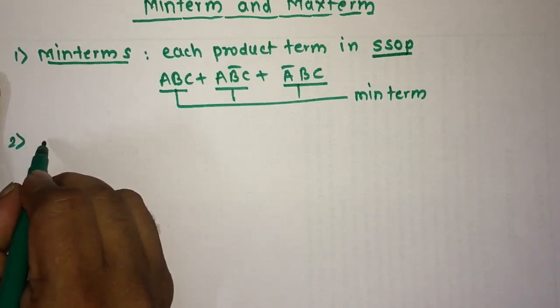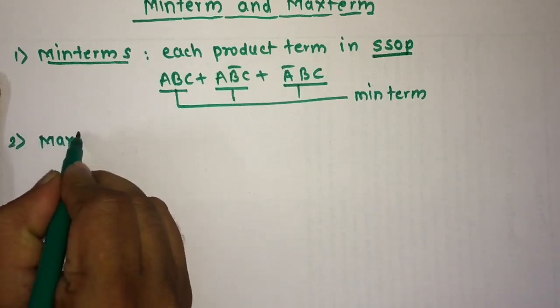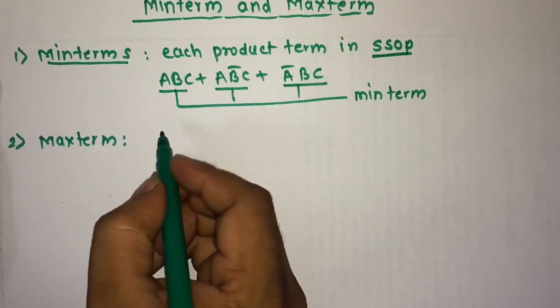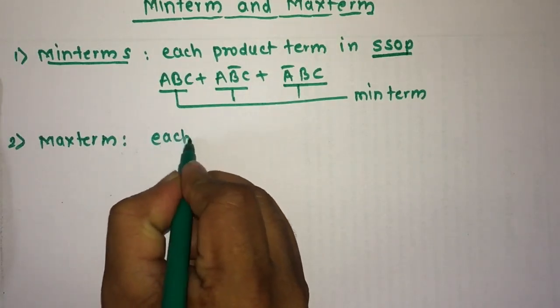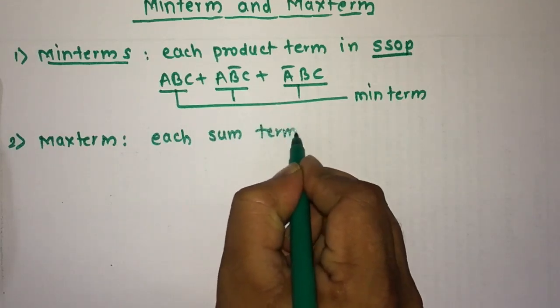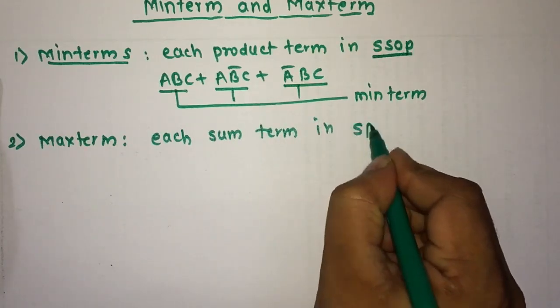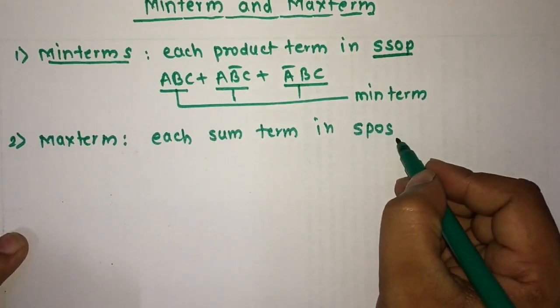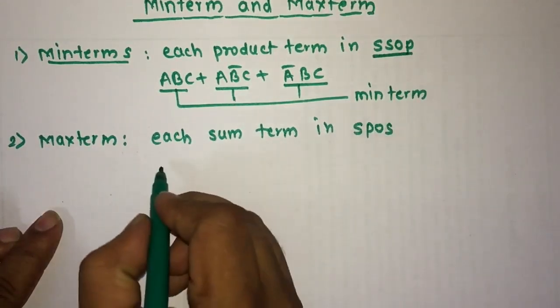And the second type is the maxterm. Now what is a maxterm? Maxterm means each sum term in a standard POS equation is referred to as a maxterm.